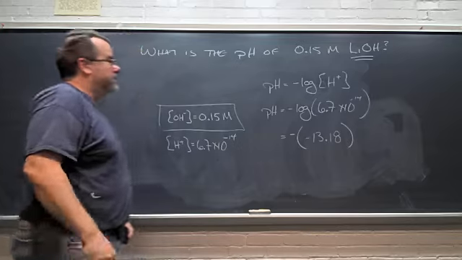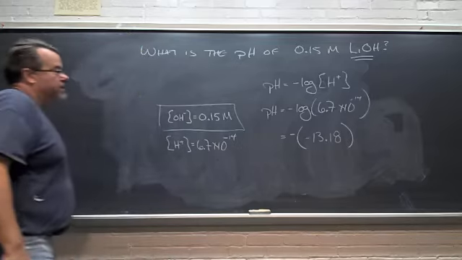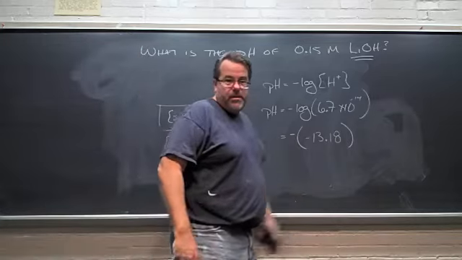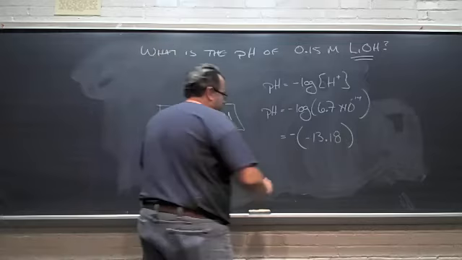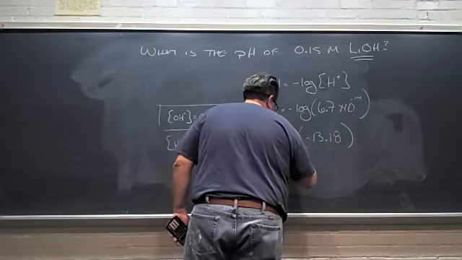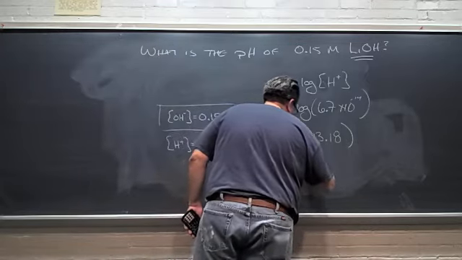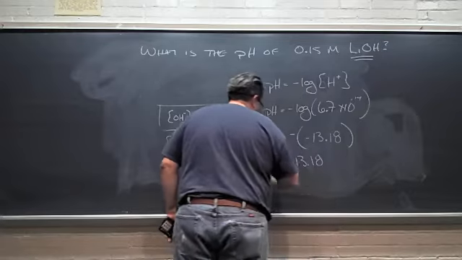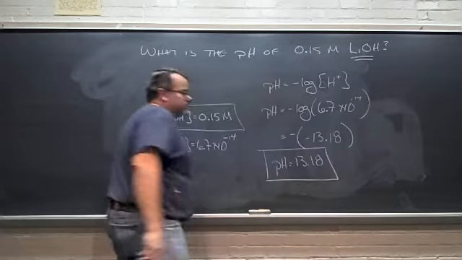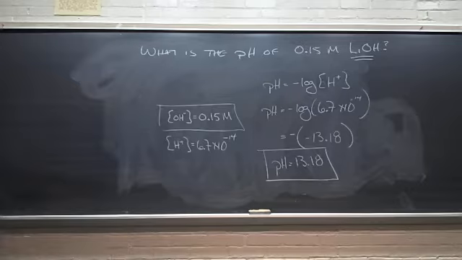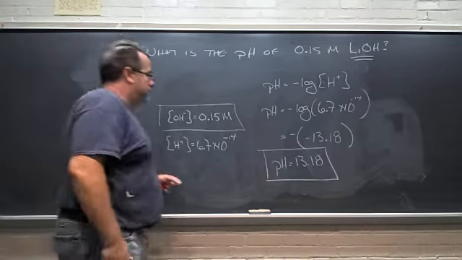So the log of 6.7 times 10 to the minus 14 is negative 13.18. And so the pH is 13.18. And that's our final answer for that problem. All right.